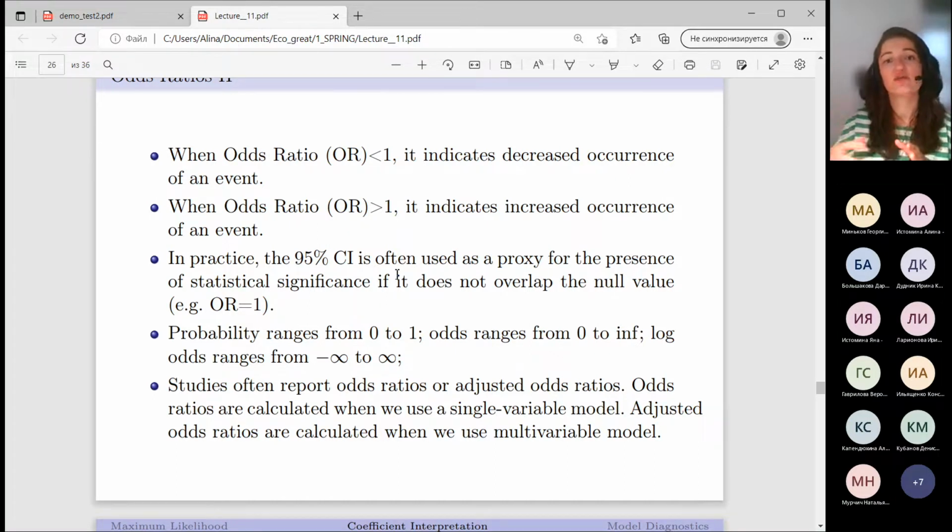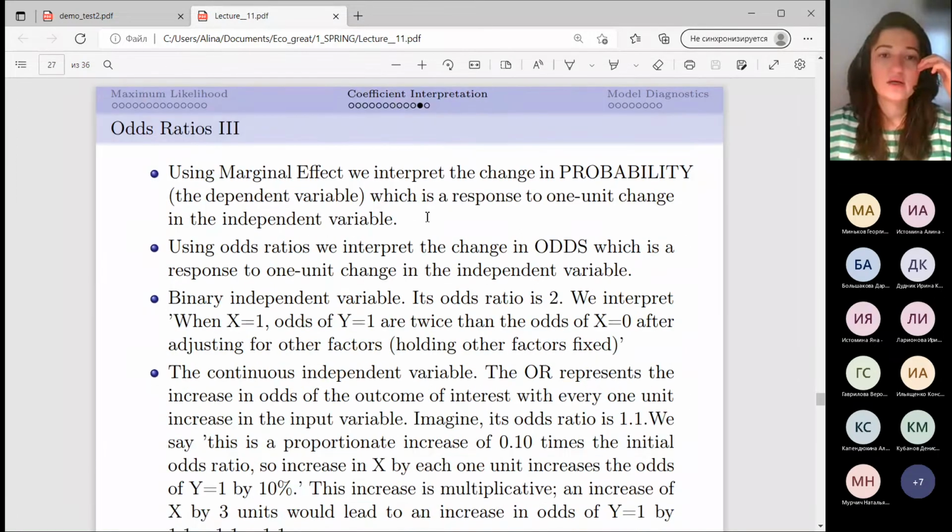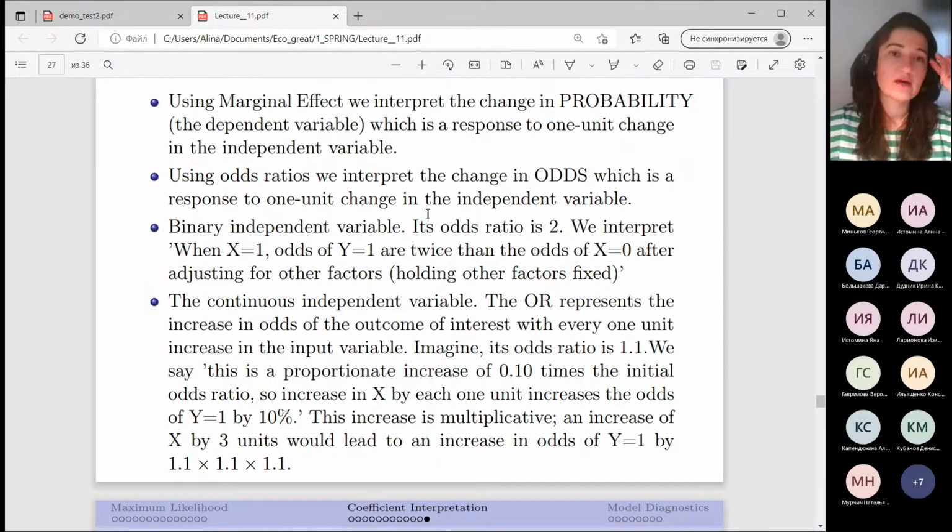But it is more traditional for economic, management, and business studies to report not odds ratios but marginal effects when you interpret the results, okay?